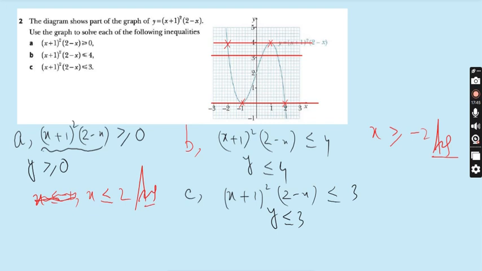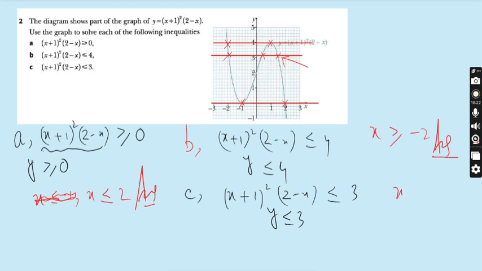Now this is the point of intersection, this is the point of intersection, and this is the point of intersection, and we need all those values which are less than or equal to 3. So what should be the first answer? You can see if you see this point, this one, and read carefully, this is 1.5.